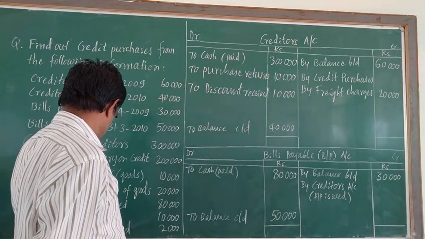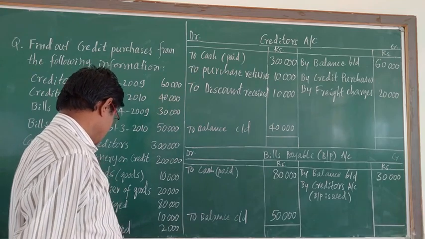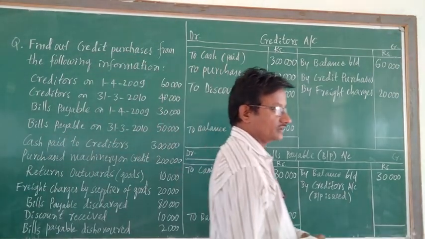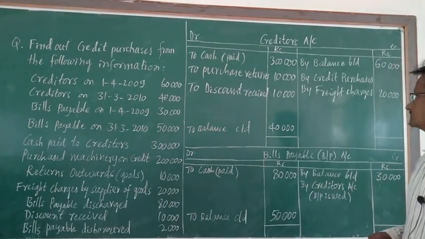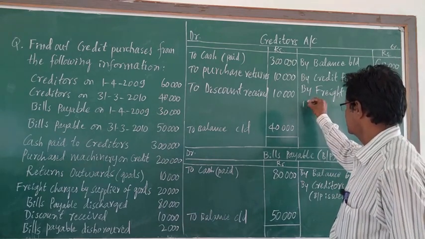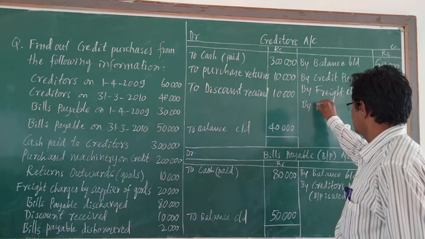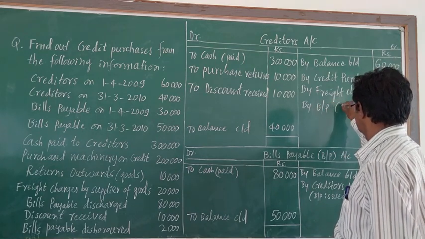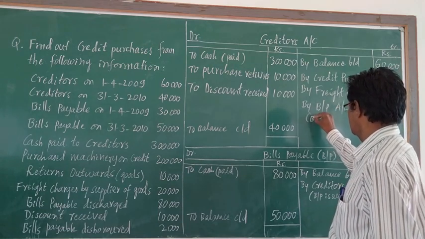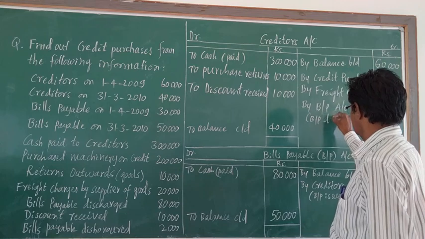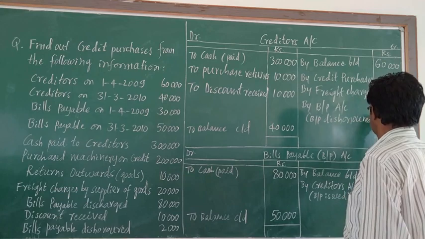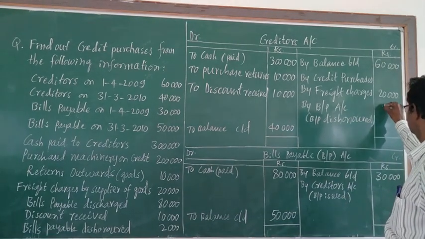The last entry is bills payable dishonored, 2,000. When bills are dishonored, we have to make entry on the creditors account credit side as by bills payable account, bills payable dishonored, here it is 2,000.